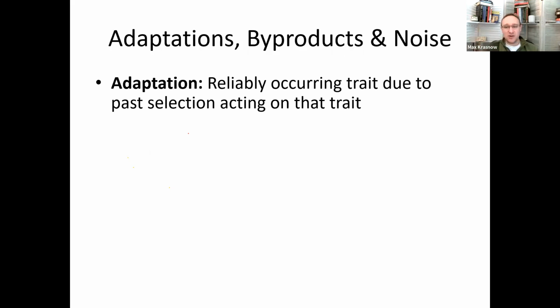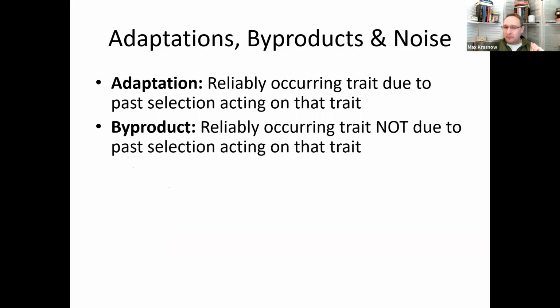This is going to be the source of most of the universality within a species. Byproducts can be just as reliable and universal as adaptations, but we can't explain their design as part of the computational solution to an adaptive problem. So selection, in a sense, is responsible for the trait because it's part of the implementation to an adaptation, but not because of the design features it has per se.